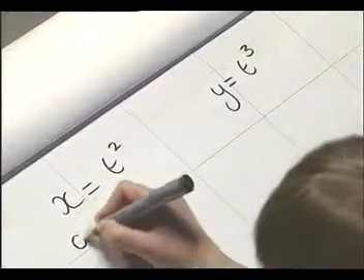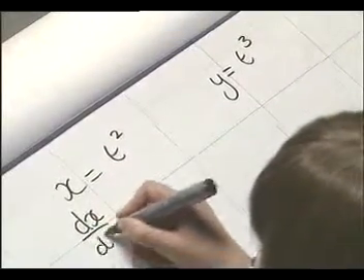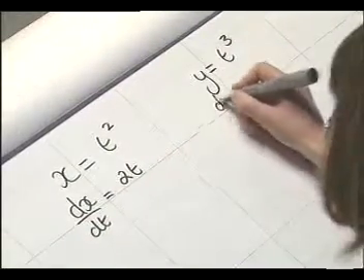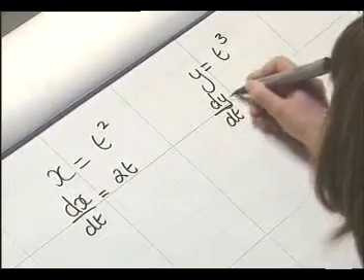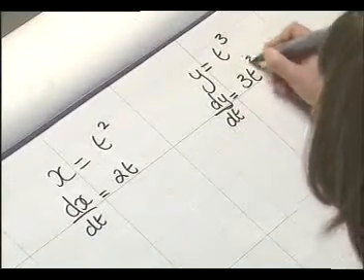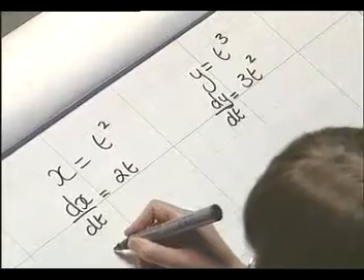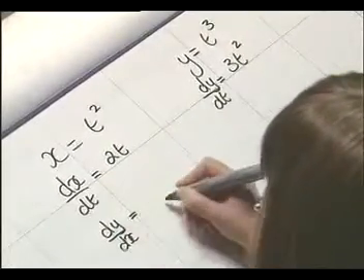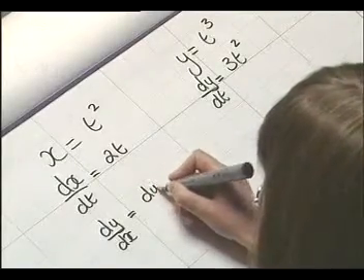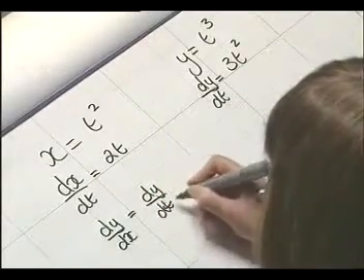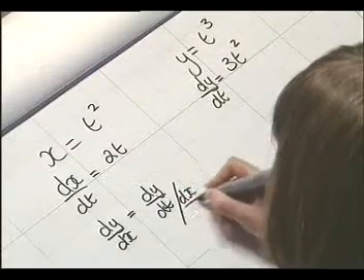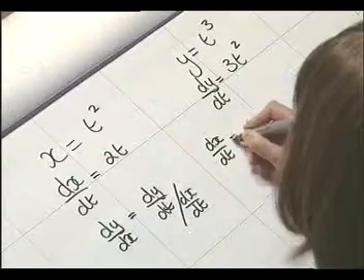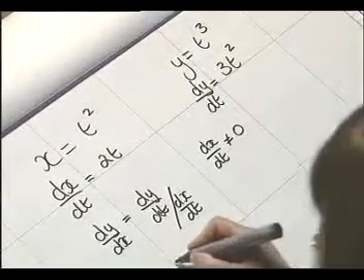So starting as before, dx by dt is equal to 2t, and dy by dt is equal to 3t squared. Using the chain rule, dy by dx equals dy by dt divided by dx by dt, assuming, of course, that dx by dt does not equal 0.